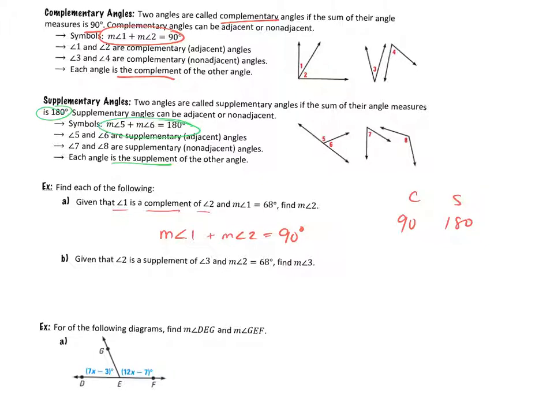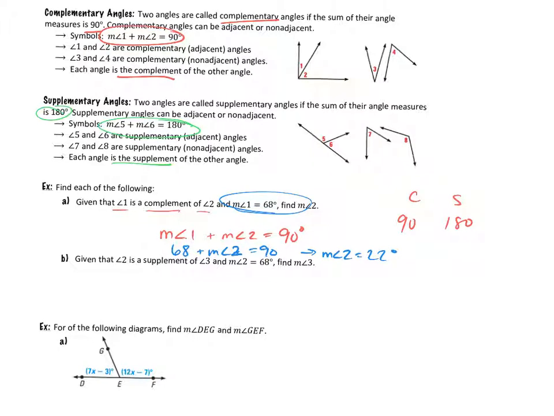Now I can plug in my given value, m angle 1 equals 68. The measure of angle 2 is my unknown, and that equals 90. When I subtract 68 from each side, I get that the measure of angle 2 equals 22 degrees.